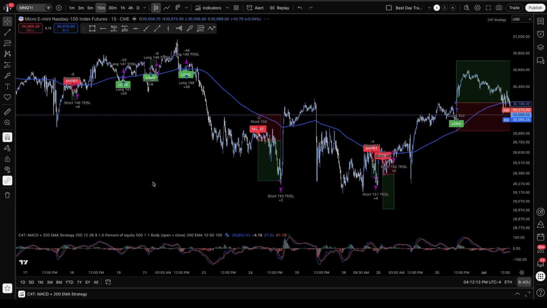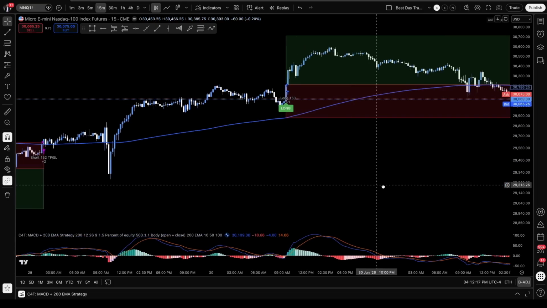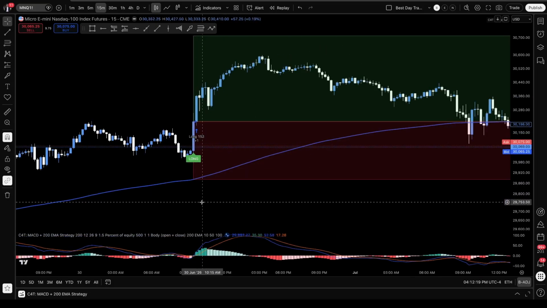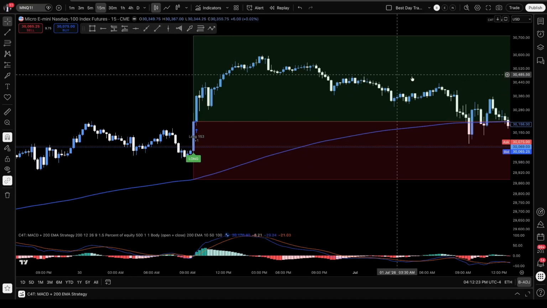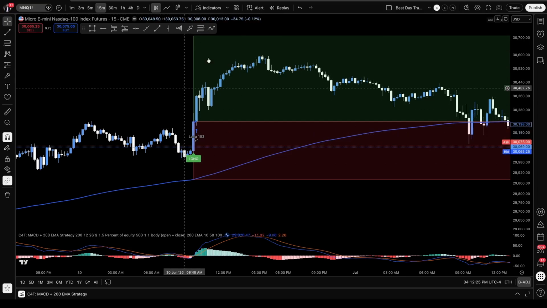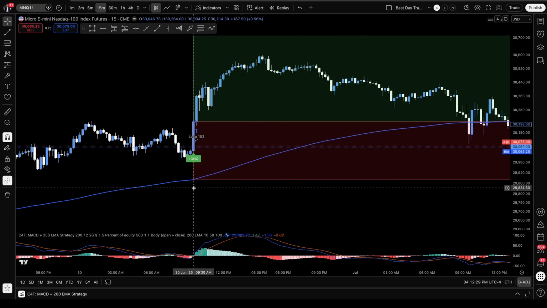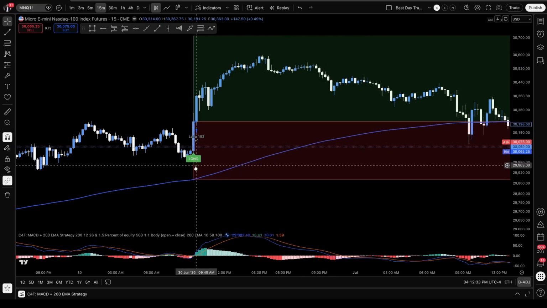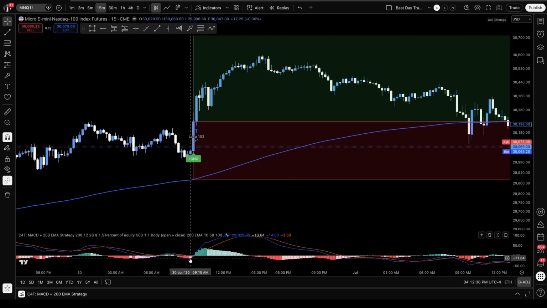If you remember from Monday's video, the strategy is the MACD and the 200 EMA. The code also places the actual stop loss and take profit. The way it works is you need the price to be above the 200 EMA, and the MACD needs to be below the zero line crossing up.